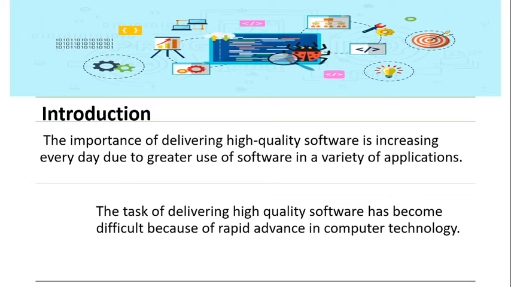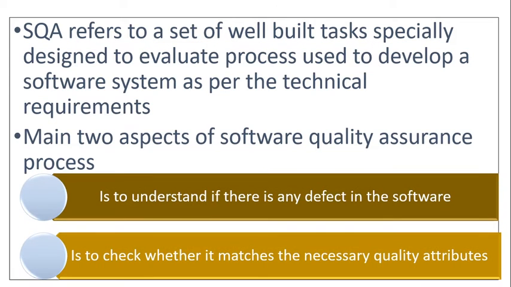Now, for that purpose, there are two main aspects of the software quality assurance process. First one is to understand if there are any defects in the software, and second one is to check whether it matches the necessary quality attributes.